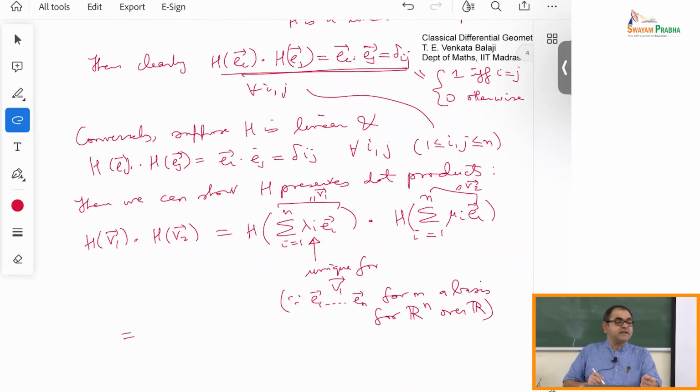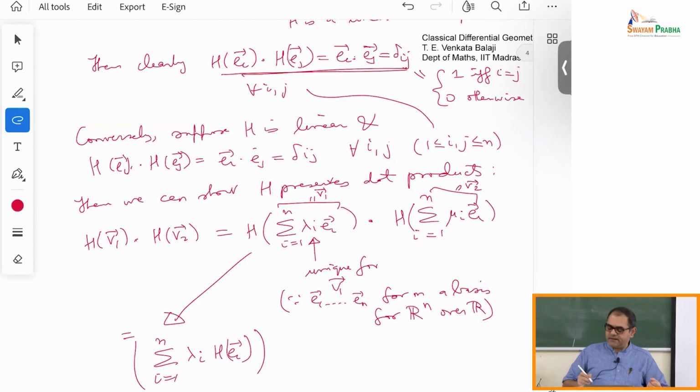H is linear means it will distribute over sums, and scalars can be pulled out of H. So the first term will become summation i equal to 1 to n lambda i H Ei. That's because of linearity: H of V1 plus V2 is HV1 plus HV2, and H of lambda V is lambda HV.